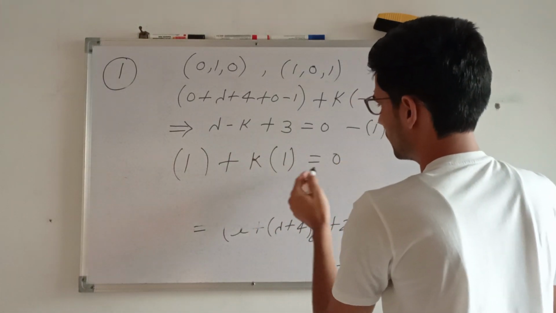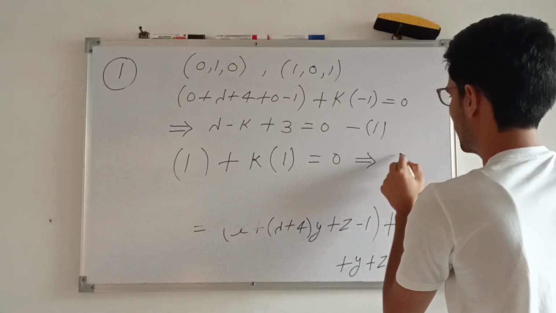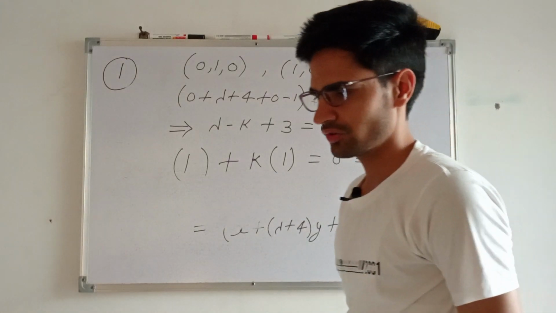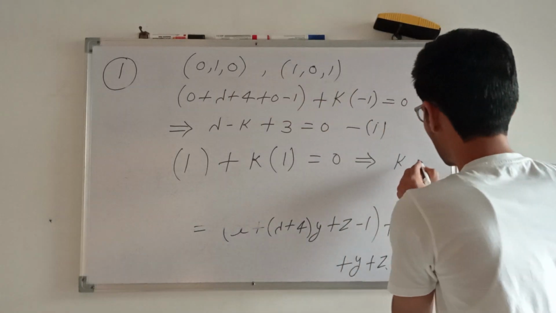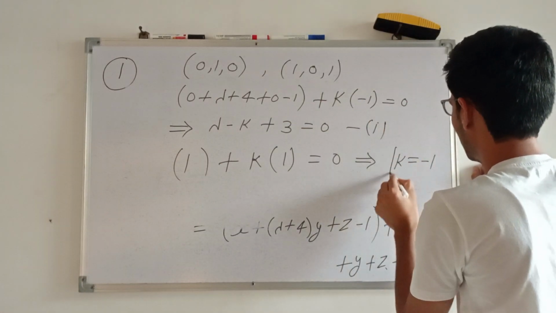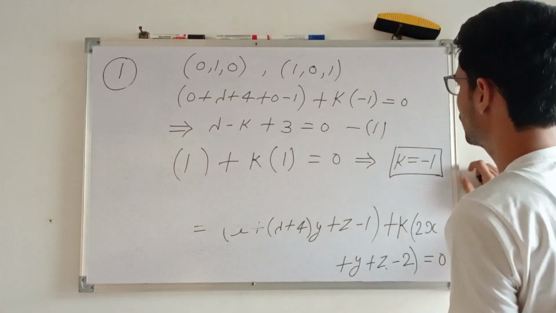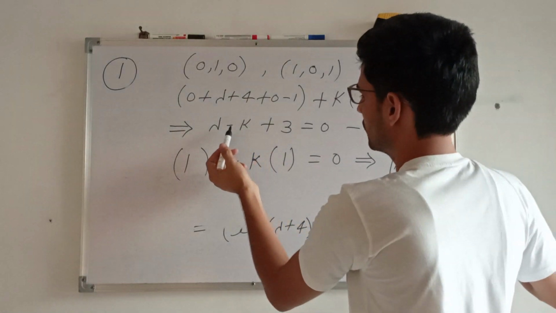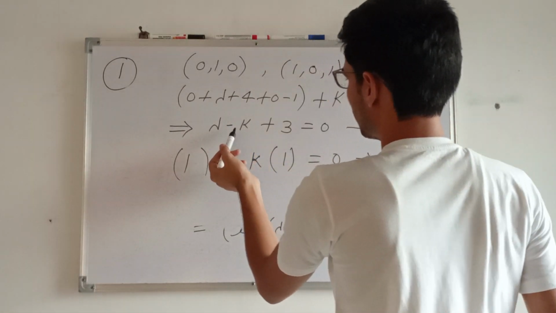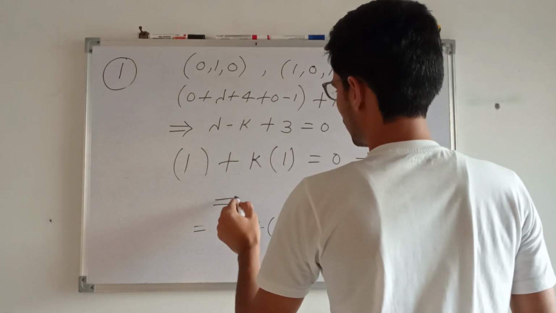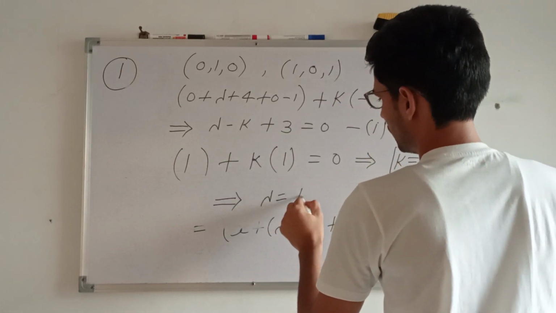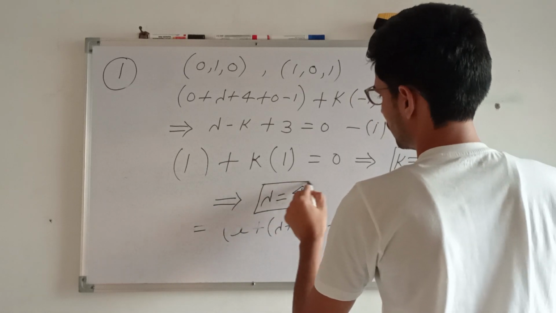So this is 1 plus k is equal to 0. From here we get k is equal to minus 1. Correct? k is equal to minus 1. Put this k value here. What will we get? Lambda plus 1 plus 3 is equal to 0, which gives lambda is equal to 4.